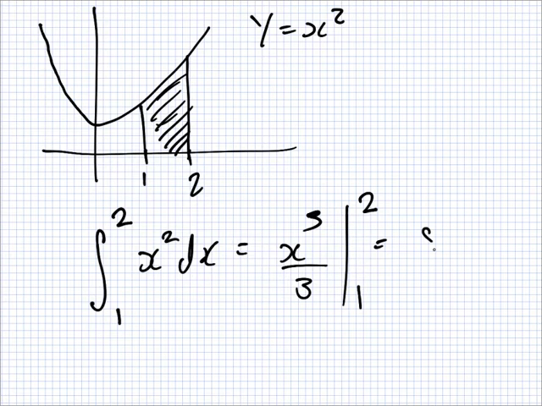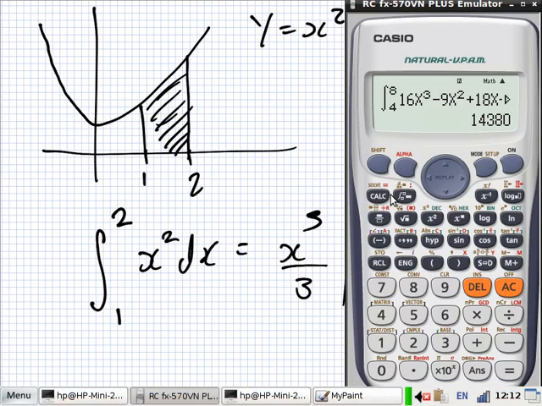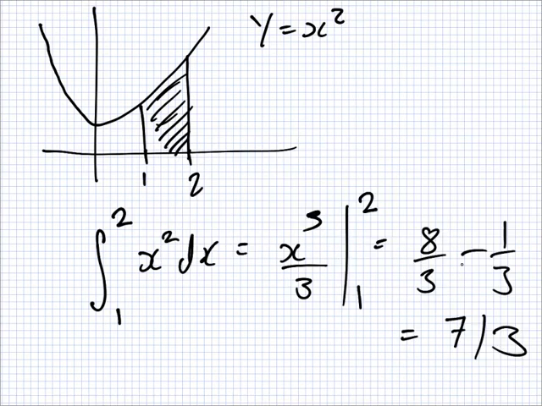First I put in the 2, then I put in the 1, and minus, so my answer is 7 over 3. Let's confirm this. Integrate from 1 to 2 of x squared, and 7 over 3 is correct. Alright, that's example 1, if you can write that down. That's the area under the curve between 1 and 2.